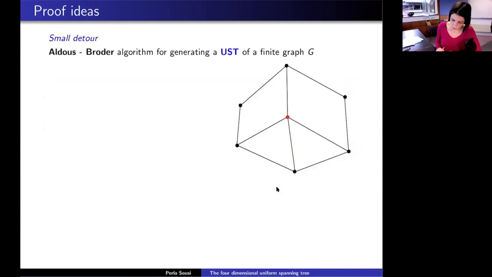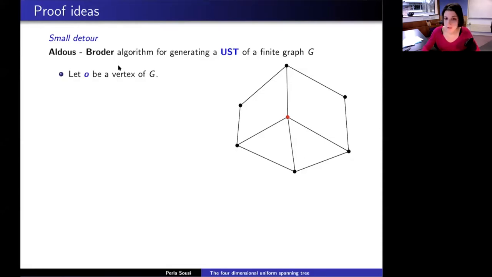Okay, so before, I described Wilson's algorithm for generating a uniform spanning tree of a finite connected graph. Now I would like to describe another algorithm due to Aldous-Broder, again for a finite graph.